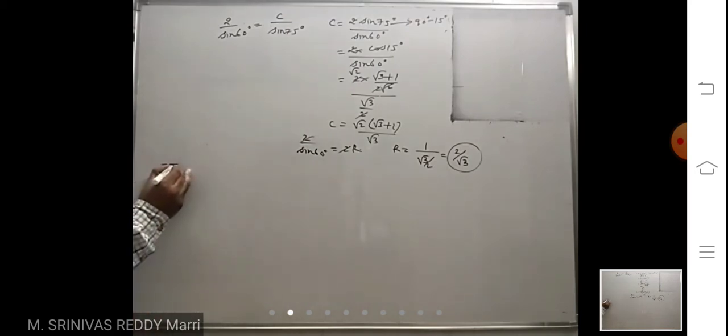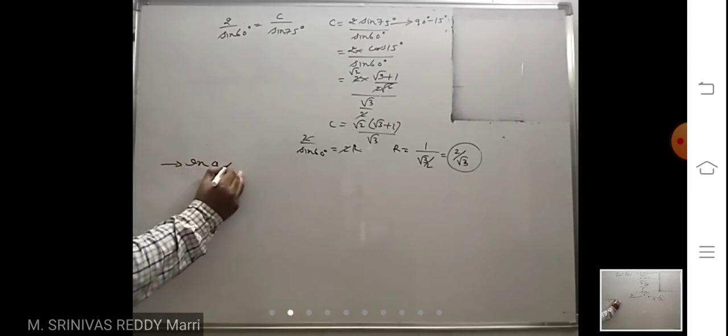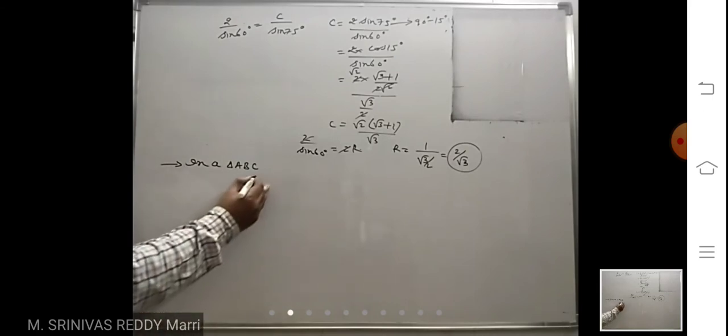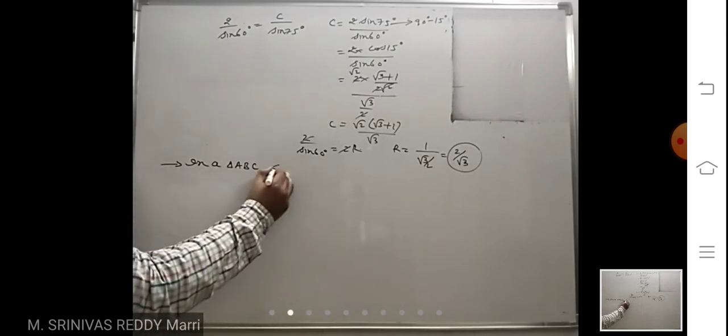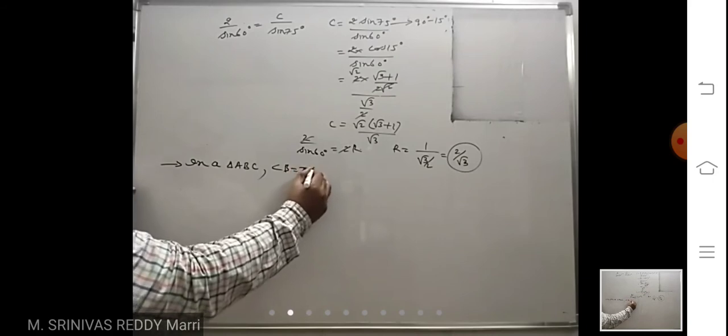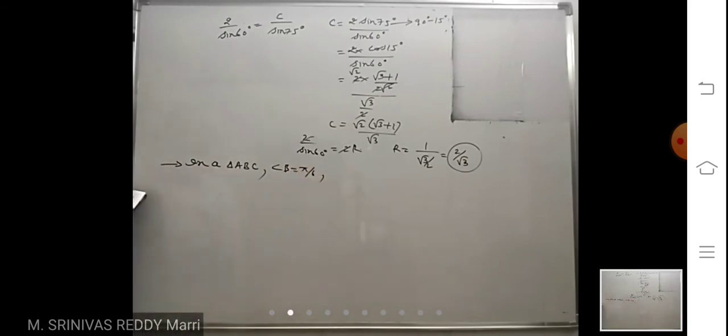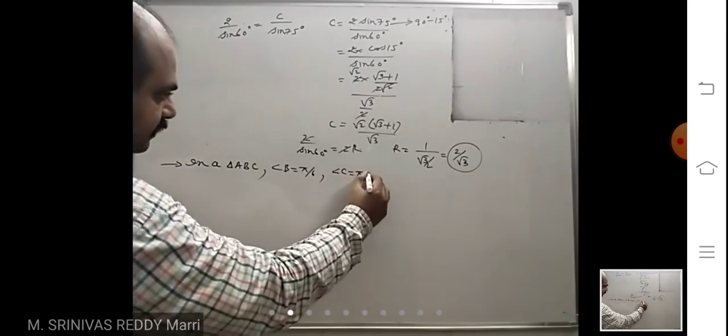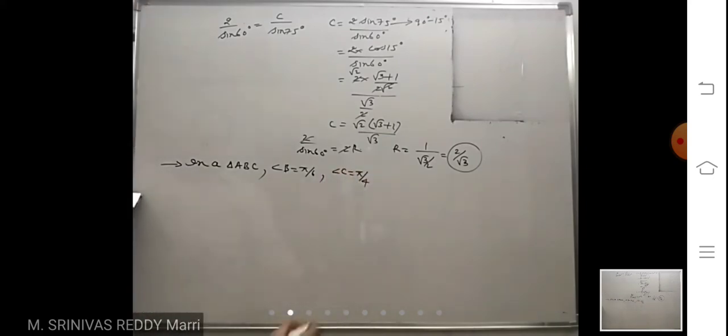Look at the problem. In a triangle ABC, given angle B equal to pi by 6, angle C equal to pi by 4.